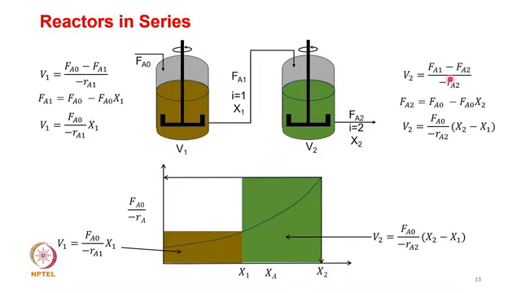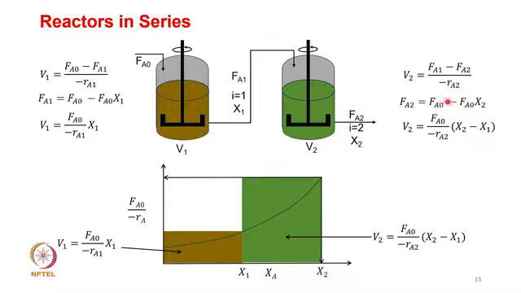Now look at the second case, which is the second reactor: V2 equals FA1 minus FA2 divided by negative RA2. Again, looking at the relation, FA2 is FA0 minus FA0 times X2. Fine. Now we have to replace FA.